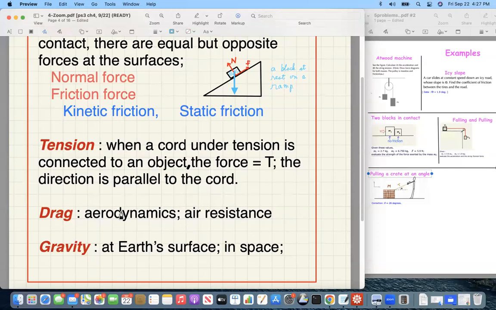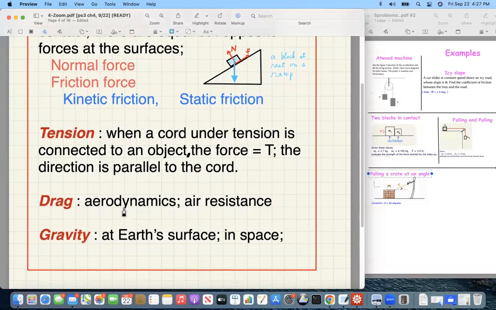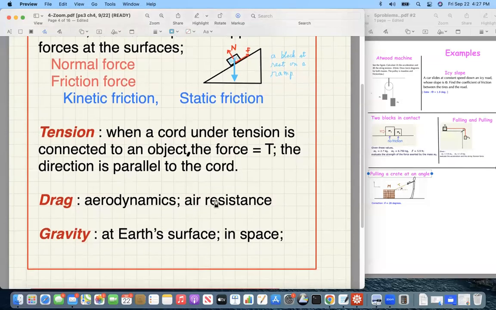Those are exerting a force on the object. And of course, by Newton's third law, the object is exerting forces on those molecules. So drag is an example in aerodynamics. It's usually called air resistance.